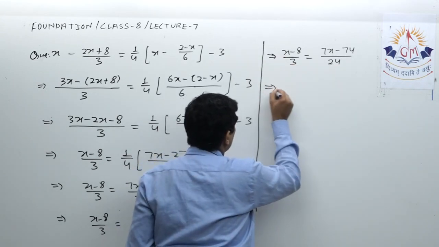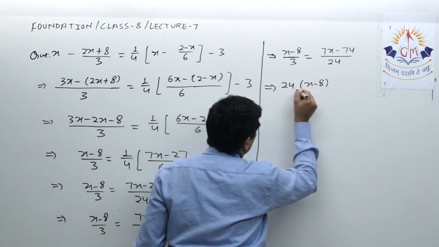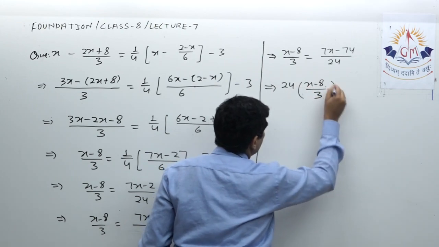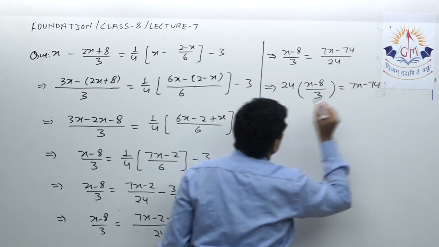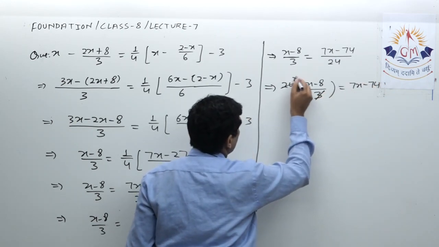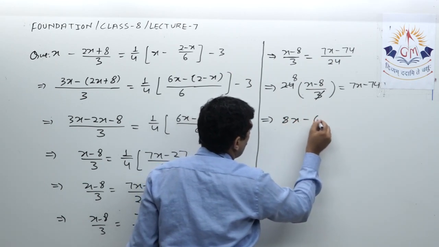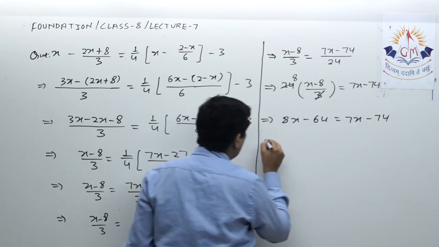So this will become 24 into (x minus 8) upon 3 is equal to 7x minus 74. So 3 8s are 24, so now this is 8x minus 64 is 7x minus 74.